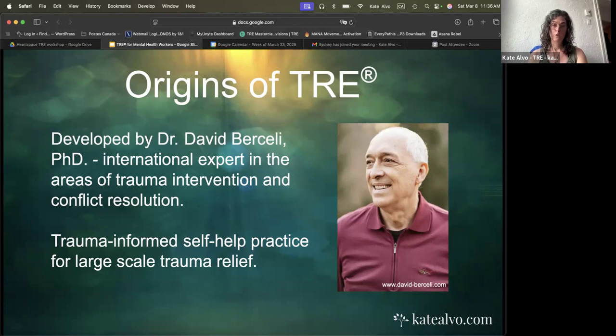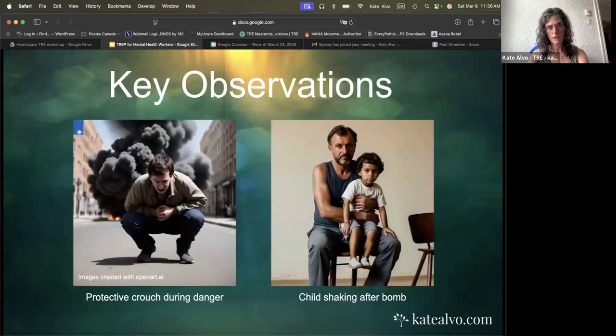He is an American who was living and working in North Africa and the Middle East, and he was, and still is, an expert in the areas of trauma intervention and conflict resolution. While he was living there, he was in Lebanon during the war, in the late 80s, early 90s.